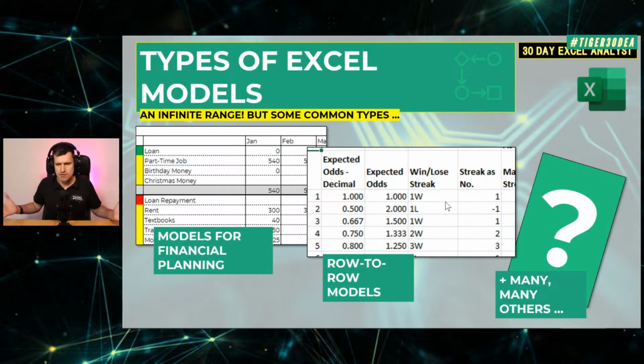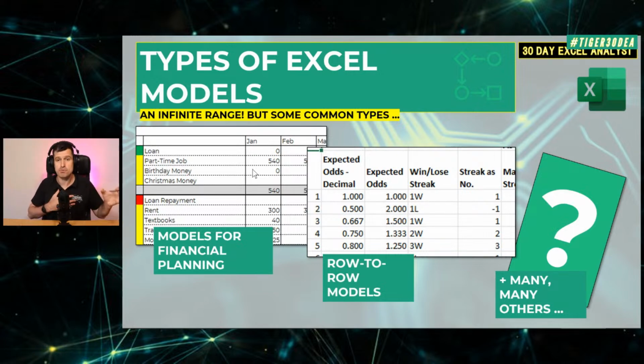So Excel modeling is a vast topic. There's an infinite range of Excel models and applications, but there are some common types. And yesterday we talked about and built, to some extent, parts of our own budget planner, a personal financial planner, a very common application of modeling in Excel.